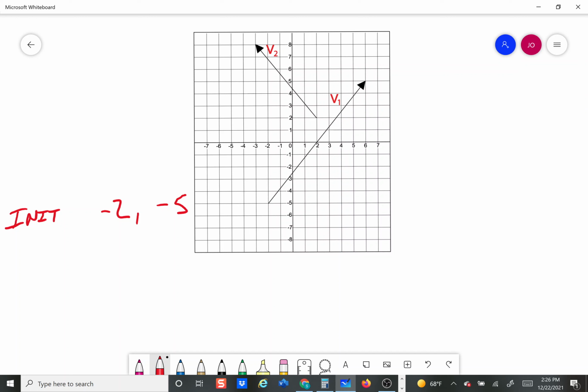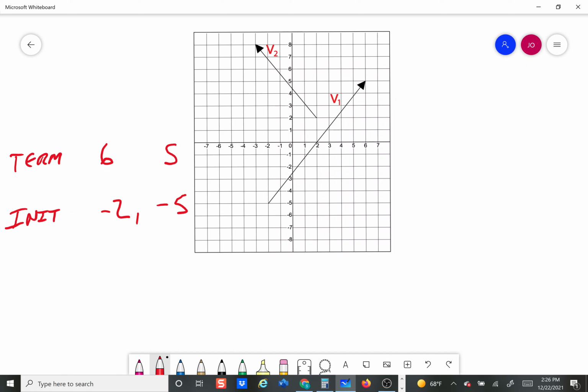So now I want to find what is called the terminal point. The terminal point is, where does it end or terminate? So it terminates on the x-axis, we draw that right there, at 6 on the x-axis and +5 on the y-axis.